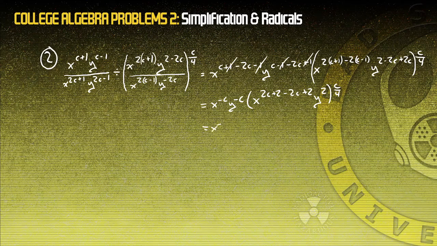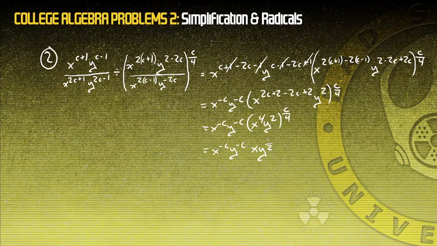So you get x to the minus c, y to the minus c times x to the 4th y squared to the c over 4. And then you can just distribute the exponent, and you're left with x times y to the 1/2.